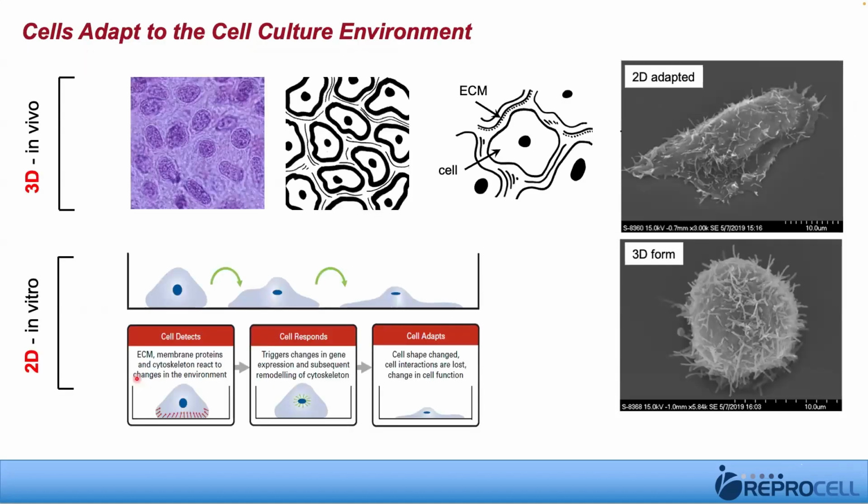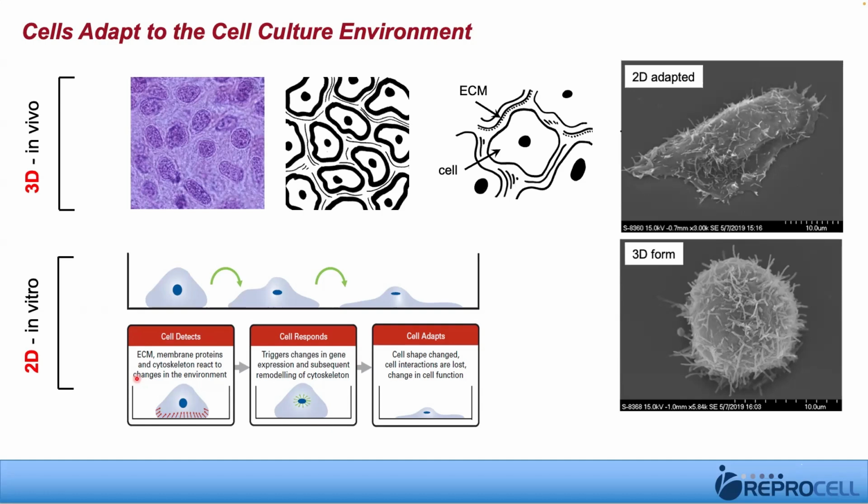So in vivo, of course, cells live in a natural environment, and they do so with their neighboring cells and the extracellular matrix, constituting a tissue composed of multiple cell types. In vitro, we often break these connections between cells. We seed them most often into sterile vessels, whether they be plastic or glass, and the cells adapt to that foreign environment.